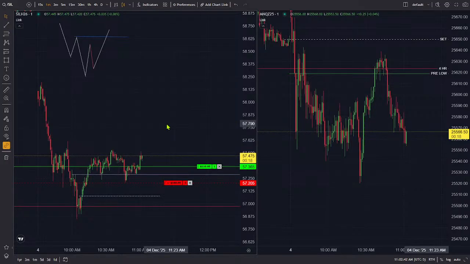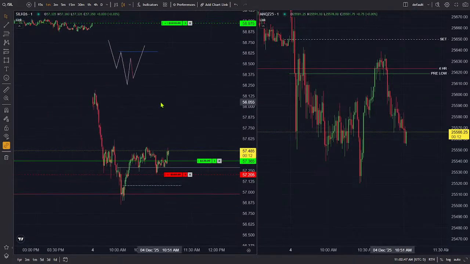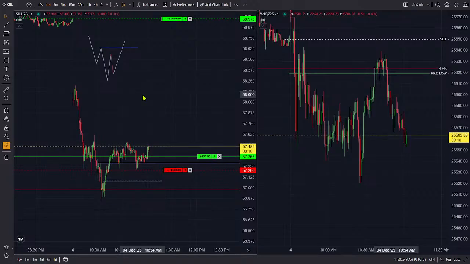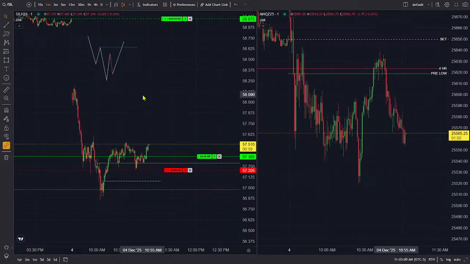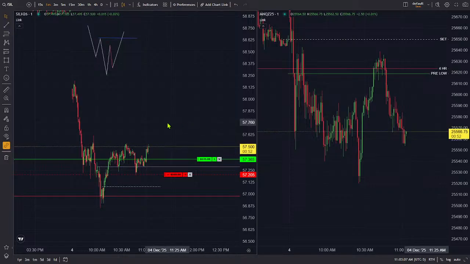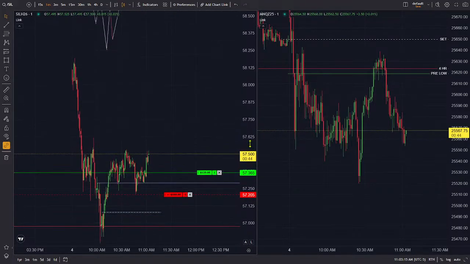Silver ran all the way to all-time highs yesterday. $50 is a psych level for silver.